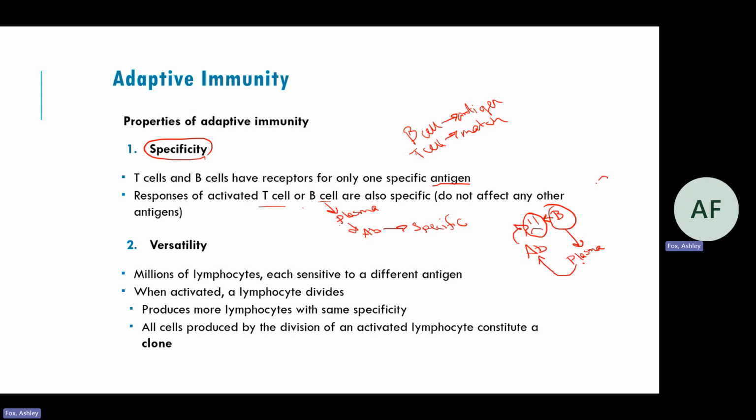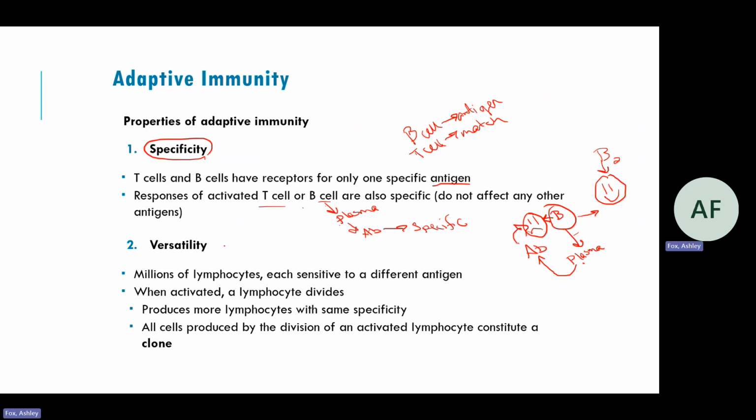If there was a different antigen there, then this B cell wouldn't be able to recognize it because this is its match, and these antibodies wouldn't be able to fight against it. It would have to be a different B cell that would recognize this one. So again, it's specific match, specific antigen.